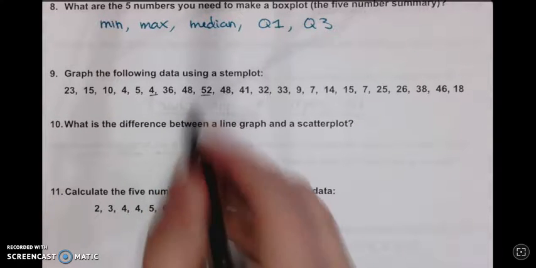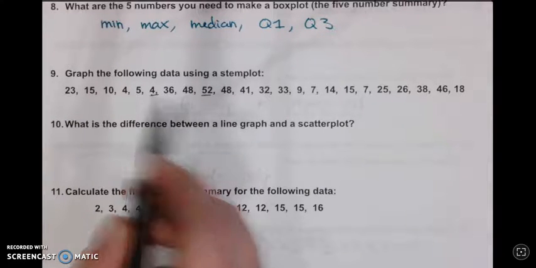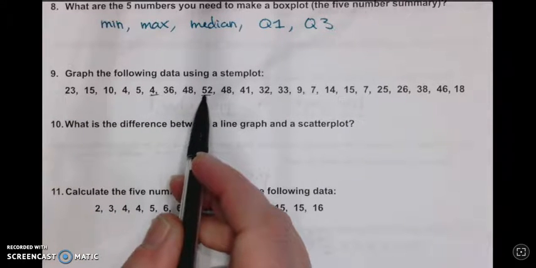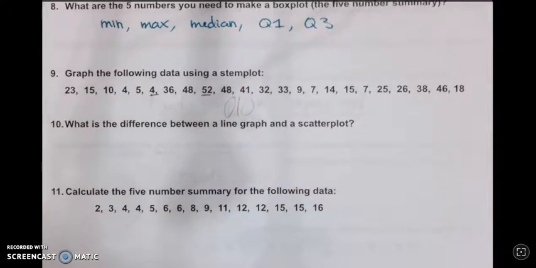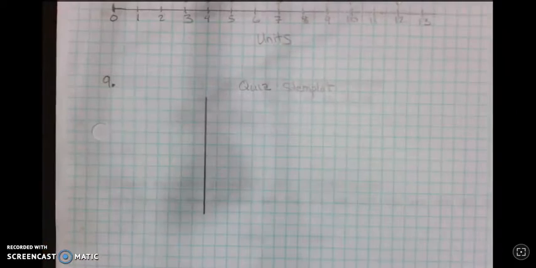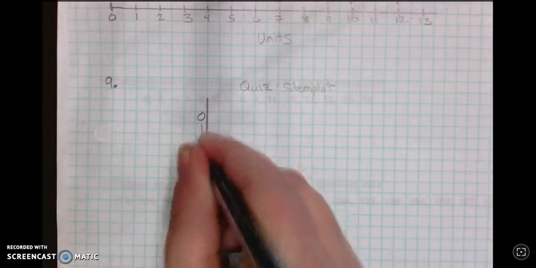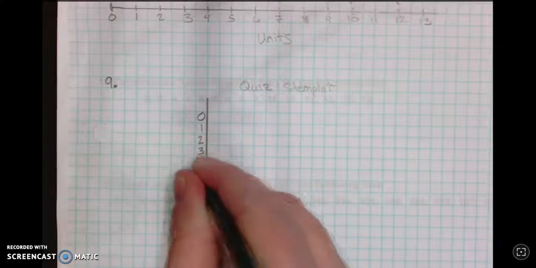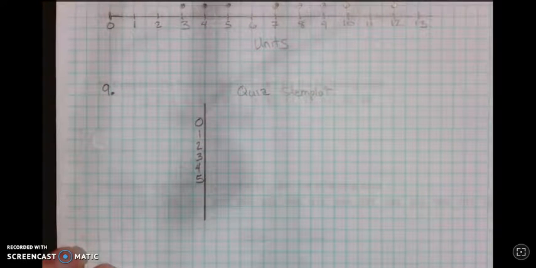So I have a single digit number, so now I'm going to start at 0 and go up to 50, so I need to go up to 5. So this is going to be the tens place, and this is going to be the ones place on this stem plot. And we always put these in order. So I'm going to start at 0, and I'm going to at least go to 5. If there's any 60s in there, I'll add the 6 if I just missed it.